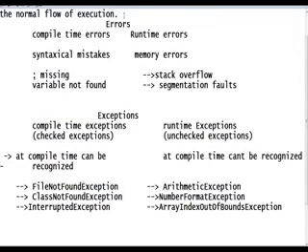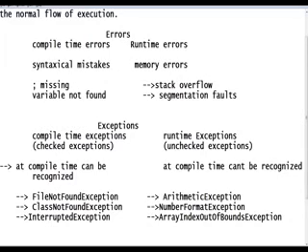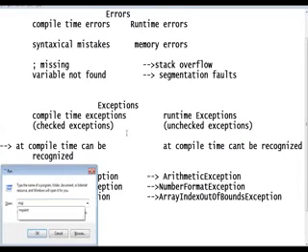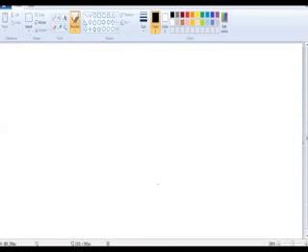Now, what is exactly exception, right? How to handle the exception? Exception handling means what? See, if I write a program, for example, now I am writing a program.